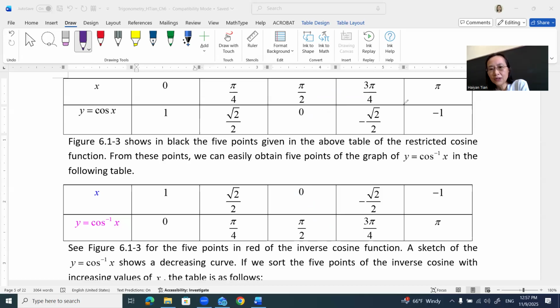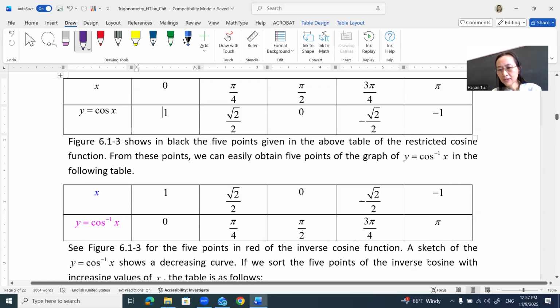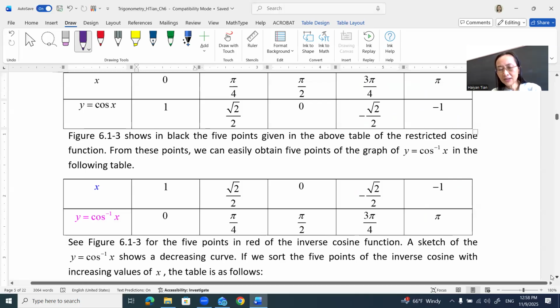For each ordered pair we reverse, we get a point on the inverse. If (pi, -1) is a point, then (-1, pi) must be a point on the inverse. So we get 5 points for the inverse cosine curve. Let's take a look at them.